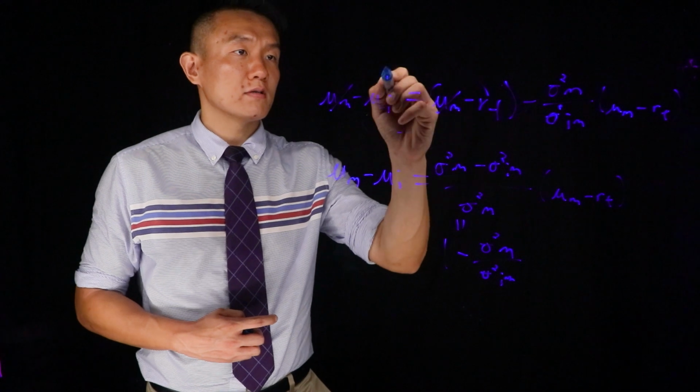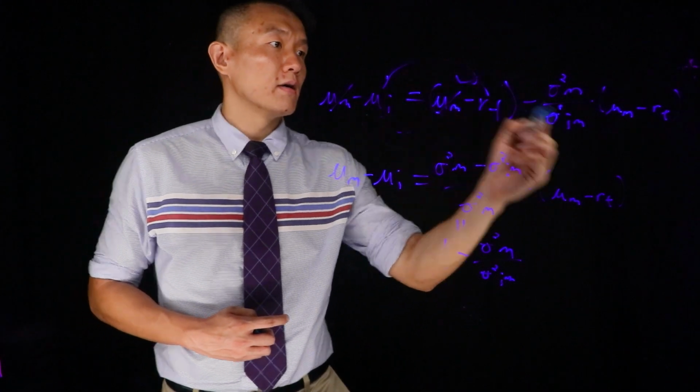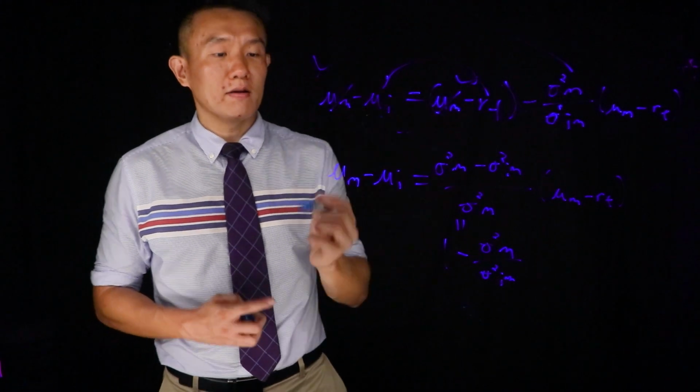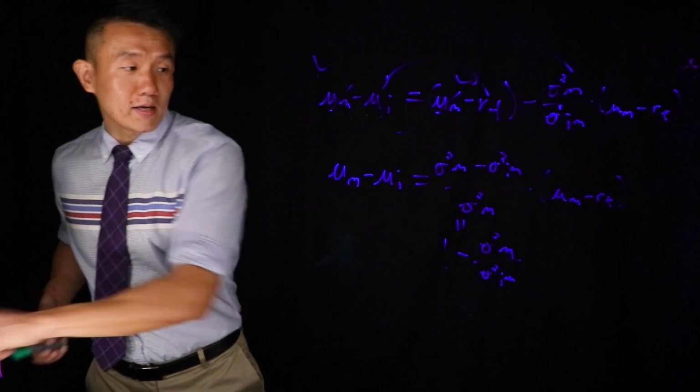I'm going to move this, well, I'm going to move this over here. I'm going to move this whole term over to the left-hand side. And what am I going to get?